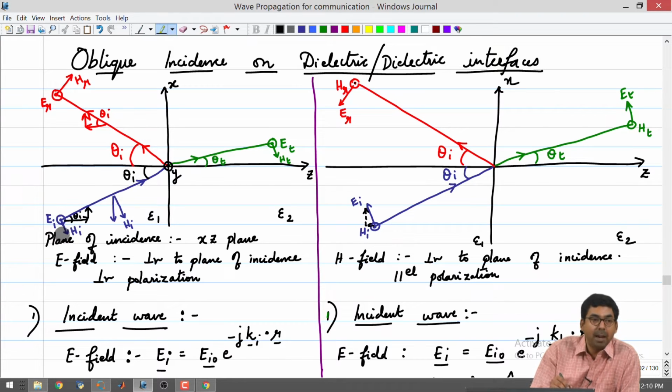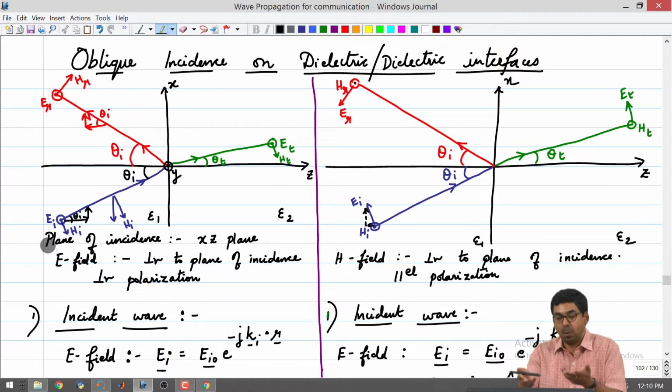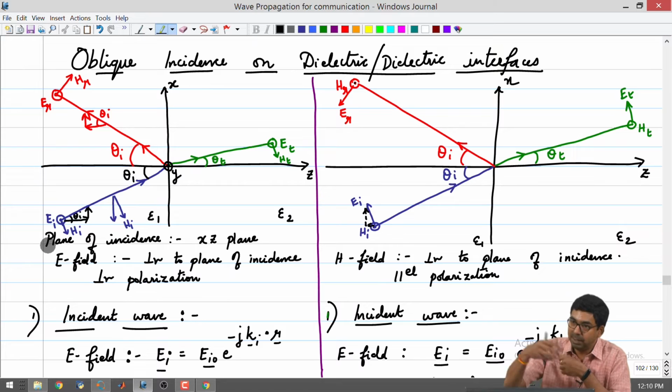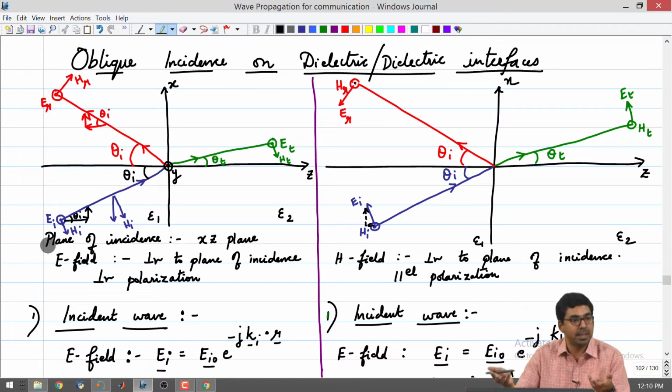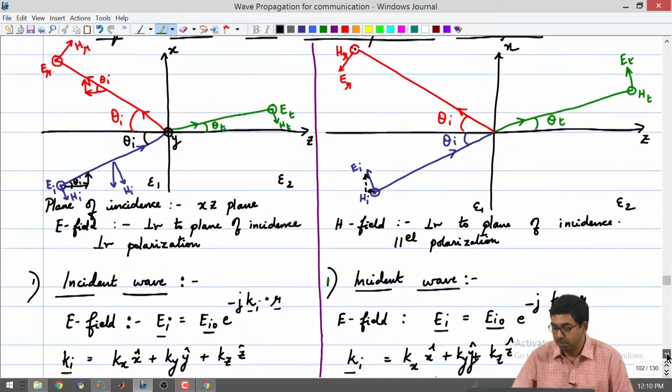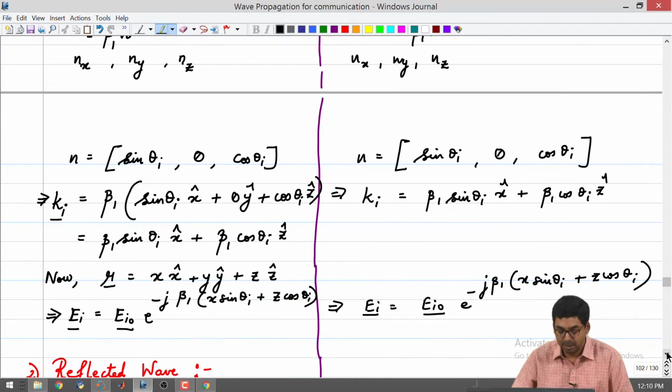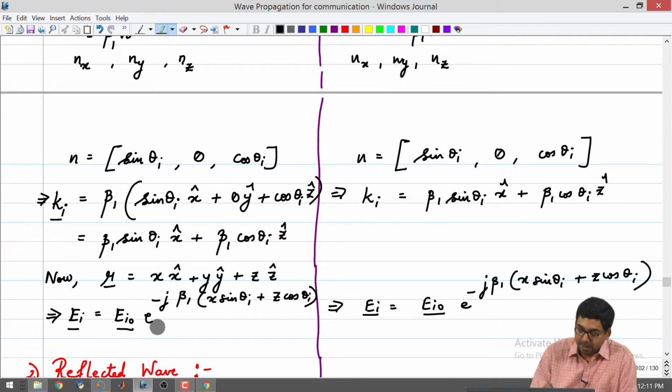Whatever I had derived for the incident electric field is going to be the same expression, because my coordinate system is the same, direction of travel is the same, all the variable names are the same. I just need E_I0 e^(-jk·r), which gave E_I0 e^(-jβ1(x sinθ_I + z cosθ_I)). All I need to do is plug it in, because the expression for the incident field is going to be the same.